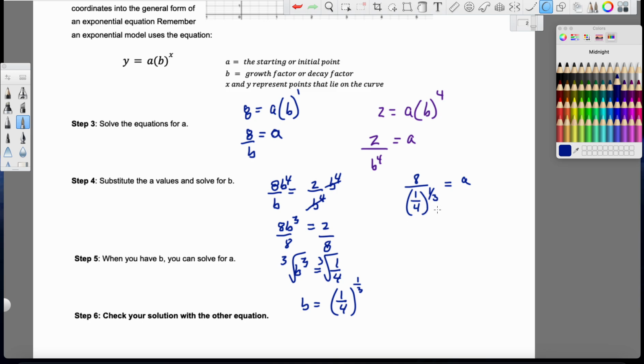Kind of ugly. So I could leave it like that, I guess. Let's put this back into our equation. So we got y equals 8 over 1/4 to the 1/3, times b, 1/4 to the 1/3, raised to the x.